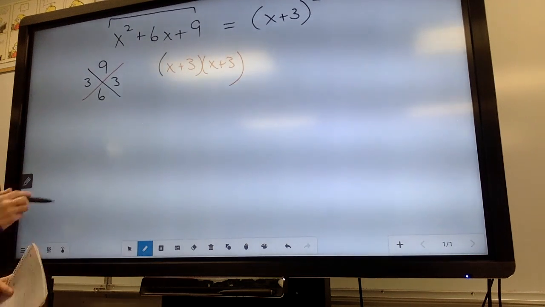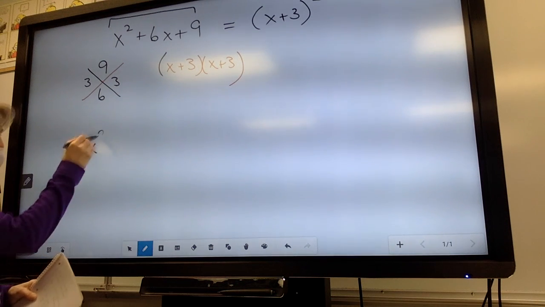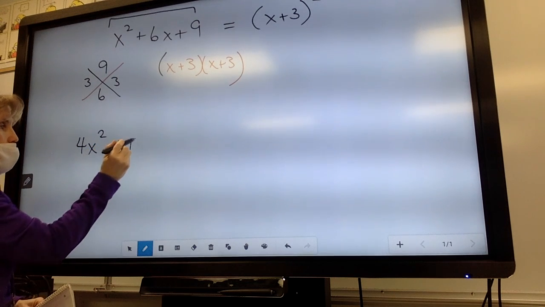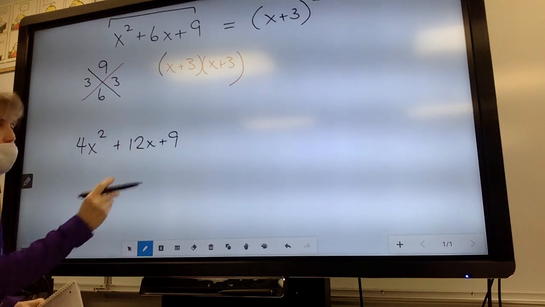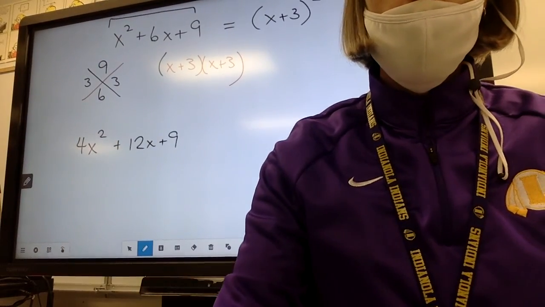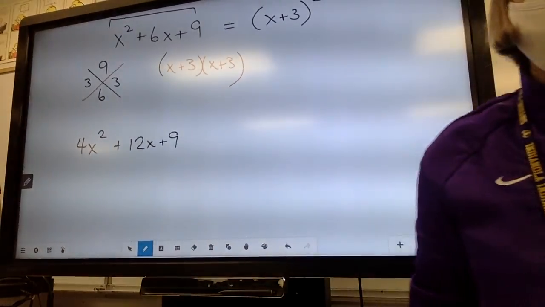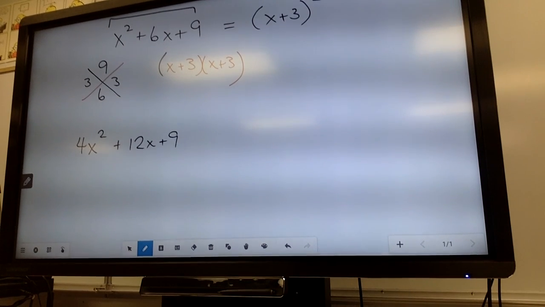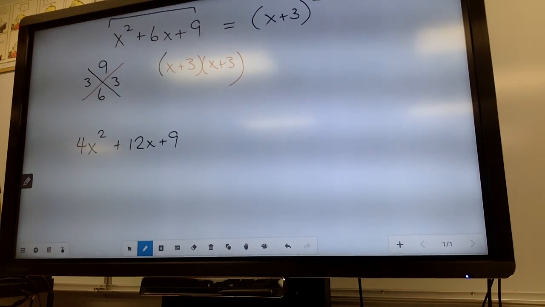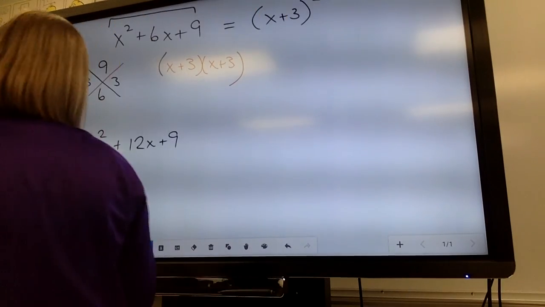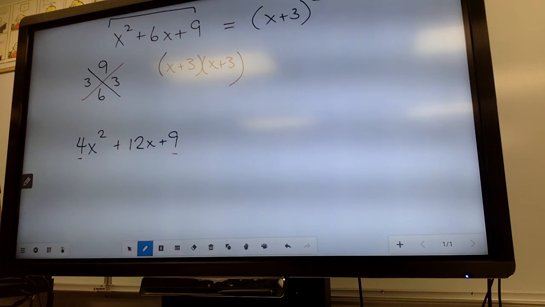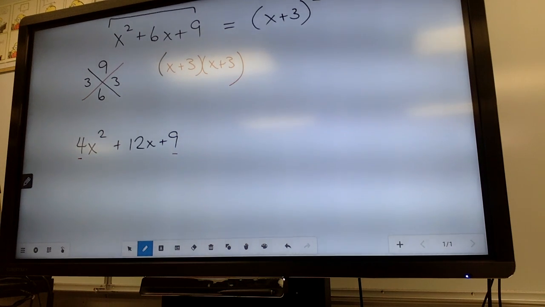One more of those. You can have coefficients that aren't 1. Four x squared plus 12x plus 9. It's a big oof. Okay, it's a perfect square trinomial because the first coefficient 4 and the last digit 9, those are values that are perfect squares.